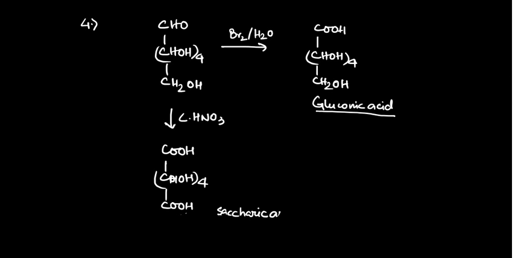This is saccharic acid. Now, if we have gluconic acid and we add concentrated nitric acid to that also, then we will get saccharic acid only. So these reactions prove the structure of the chain form of glucose.